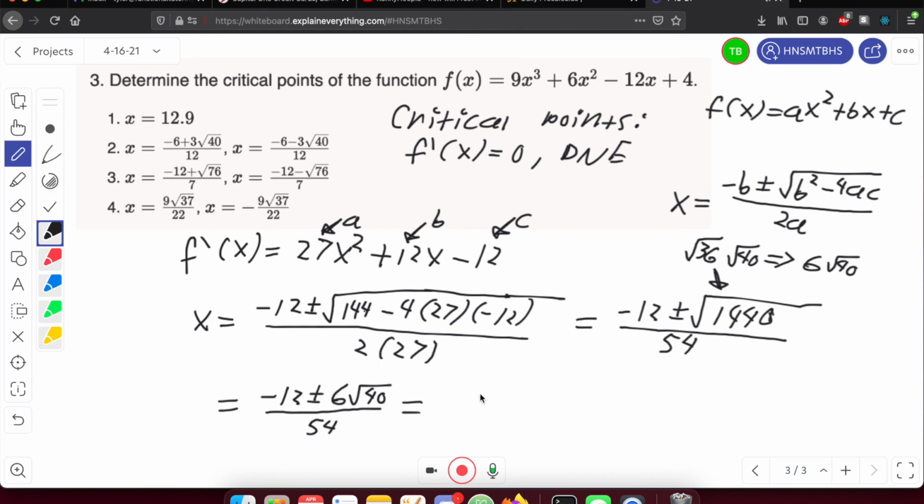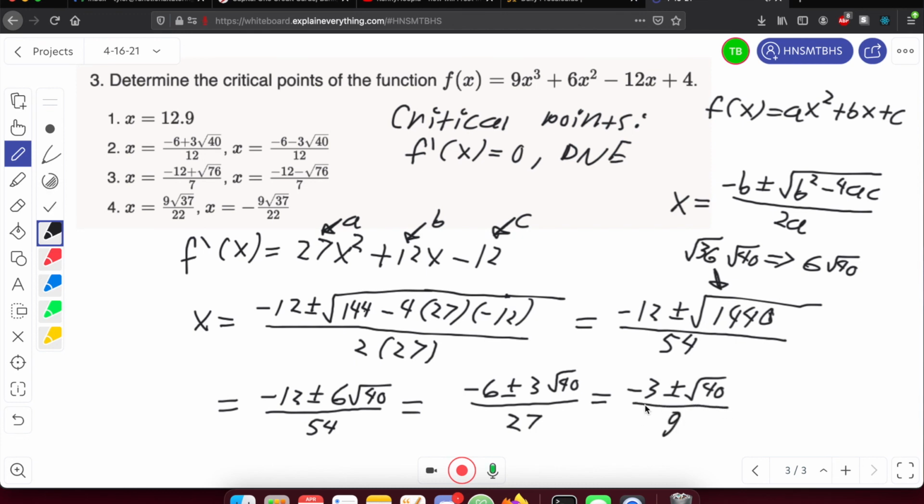And so this can be rewritten simply as negative 6 plus or minus 3 square root 40 all over 27. I don't believe it can simplify any further. Actually, it can. We can divide out a 3 from all these terms. 3 times 9 is 27. So we get negative 3 plus or minus square root 40 over 9.